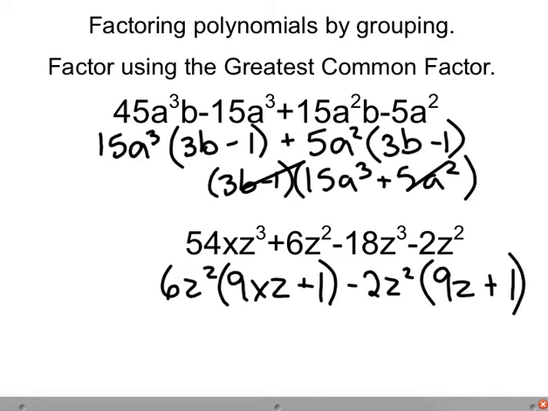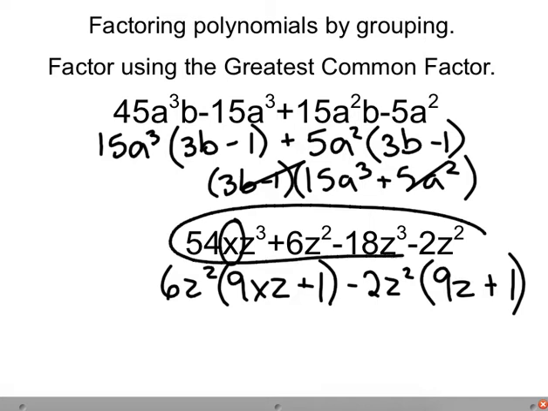Let's see. So in this case, unfortunately, because of this x right here, I'm not going to get something that is in common. So in this case, it cannot be factored by grouping, and so we would actually leave it in this first option right here because we couldn't actually combine it in by factoring here, okay? Because of that x, that kind of messes it up. If that x were not there, then we could actually factor this by grouping.